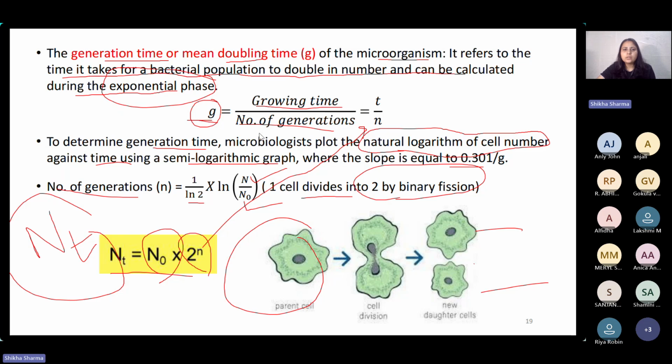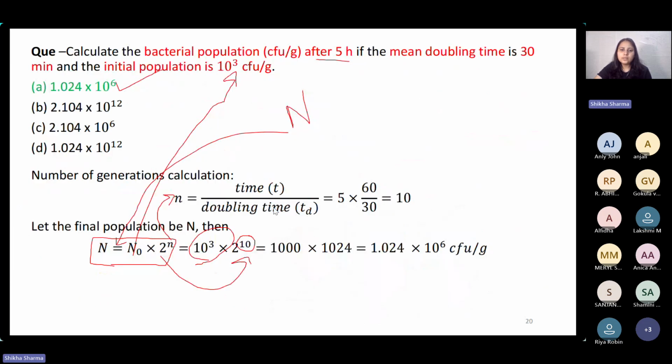The generation time or doubling time equals growing time divided by number of generations. So the number of generations n equals growing time t divided by g, the generation time or doubling time.